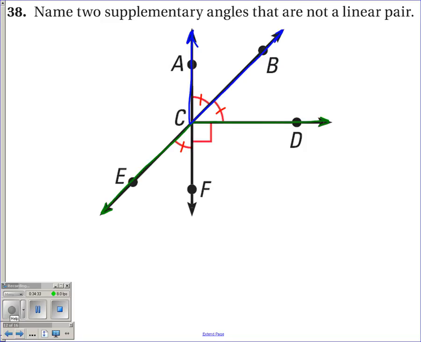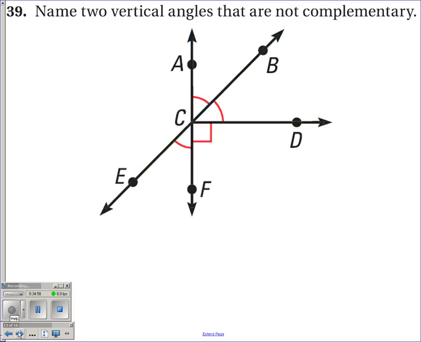So that's one pair of supplementary angles, angle ACB and angle ECD. They do not form a linear pair, but they are supplementary. Their sum is 180 degrees.